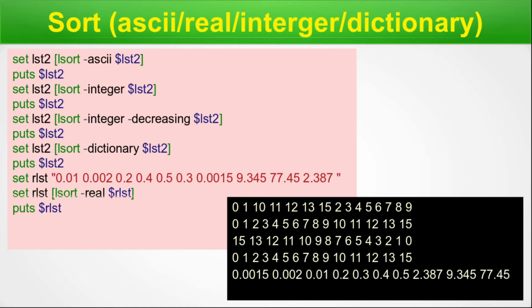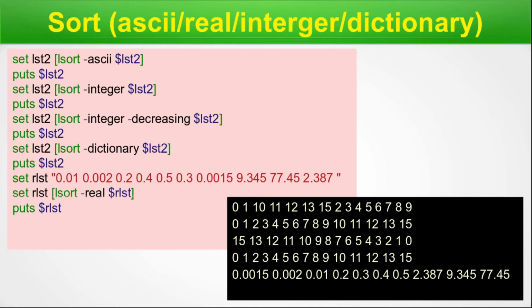We can see that the real list has been sorted as per the real number: the smallest real number has come first, then the bigger one, then the bigger one, and the highest real number is at the last.